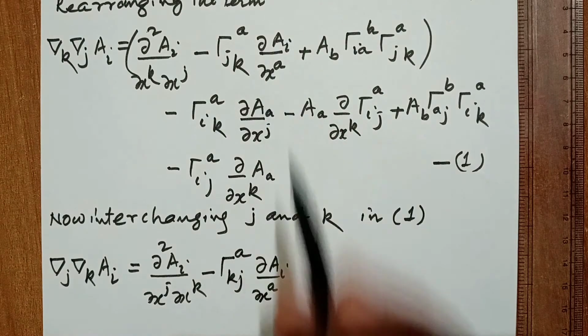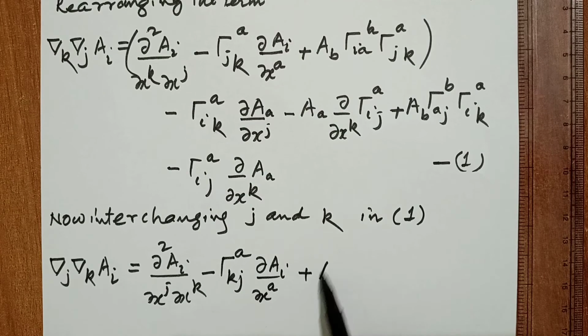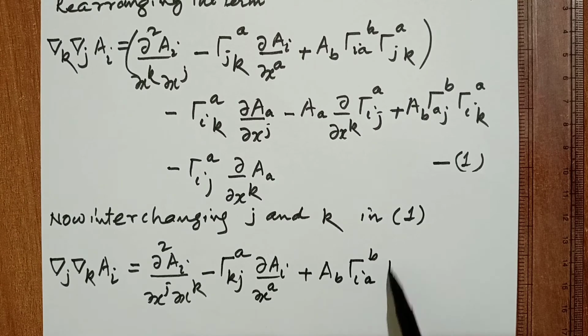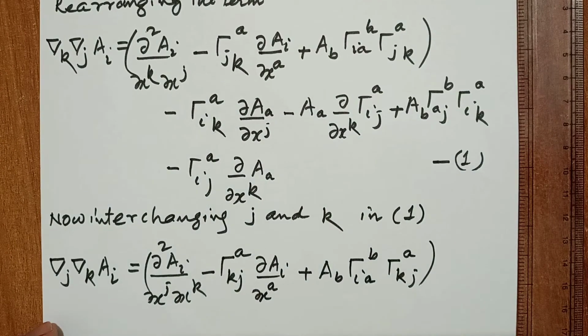This is the second term, plus the Christoffel symbol of second kind b i a, a k j. So these are three terms.